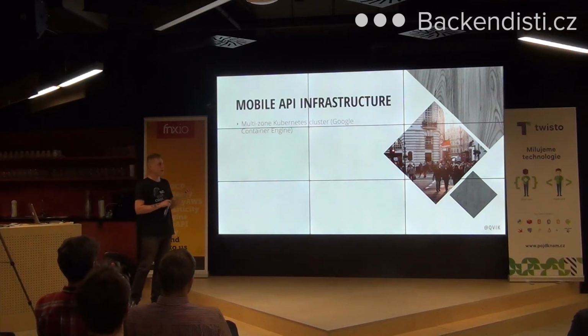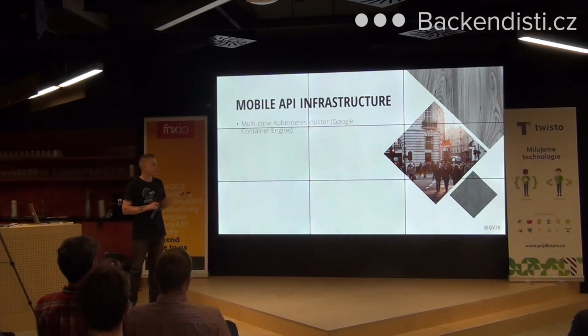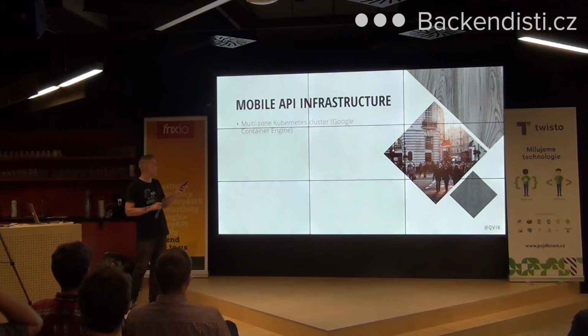I'm not going to say high availability, but still, it's really rare that two zones go down at the same time. But still you have some things that you need to take care of when you are running in multi-zone. If your pod is just running on a single node, so you're not replicating it, then it goes away if the zone goes away, until the replication controller can find a new home for it.